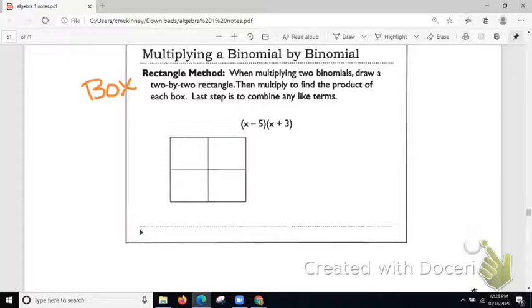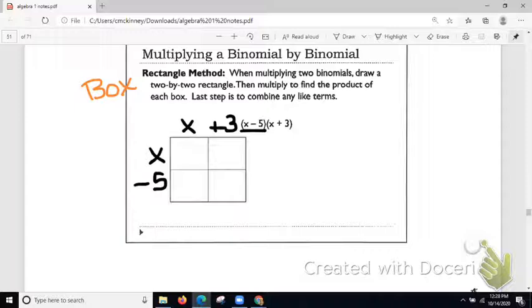So this is the same problem, just going to show you another way to do it. So if I would take this first binomial and put x minus 5. By the way, it doesn't matter which one goes along the side and which one goes across the top. And x, in this case, this would be plus 3.